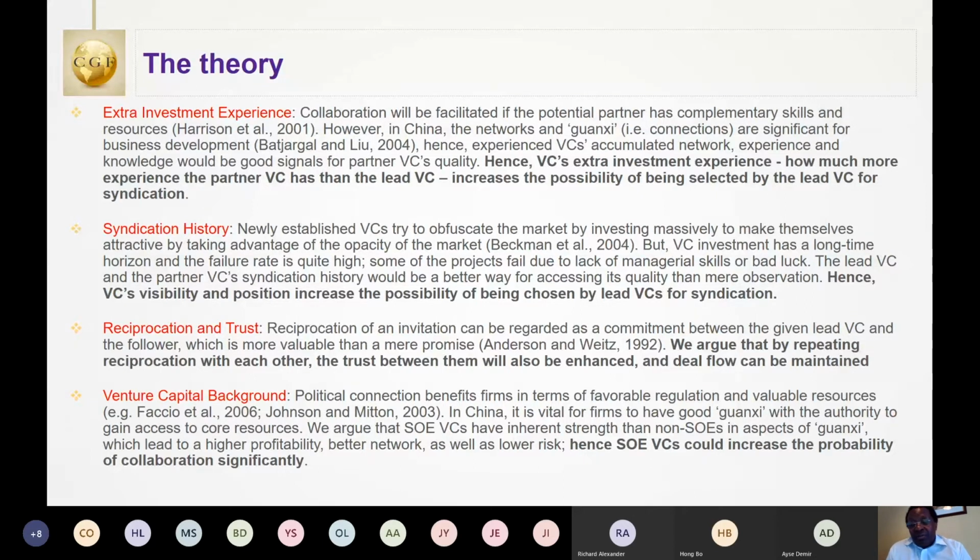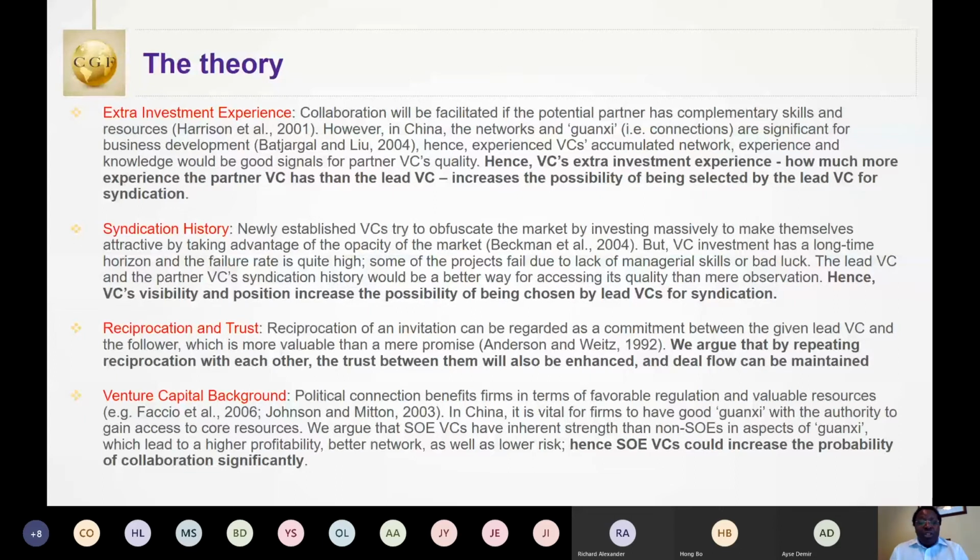Some of the projects fail because of managerial skills. They also fail because of bad luck. And indeed, Robert Creasy always points to this in the Valley of Death, that they don't survive in the first couple of years. So the lead VC and the partner VC syndication history will be a better way of assessing the quality. And hence our argument here is that the VC's visibility and position will increase the possibility of being chosen by the lead VC for syndication beyond the extra investment experience.